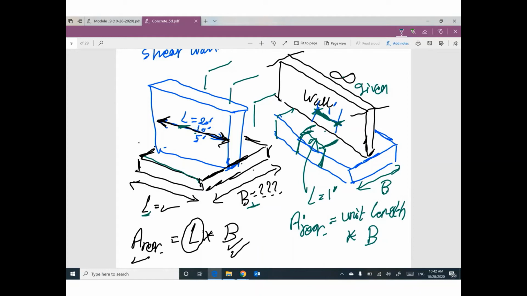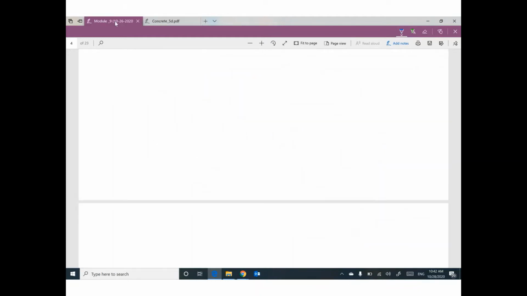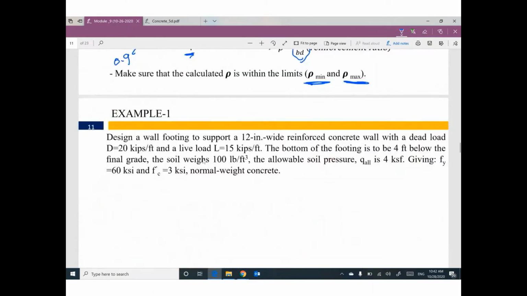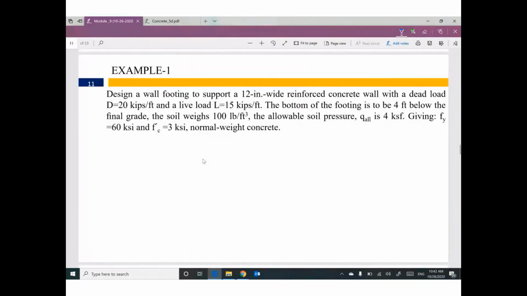For example, like this example: we have a wall footing to support a 12-inch wide reinforced concrete wall with a dead load equal to 20 kips per foot. So the problem did not give you the length.